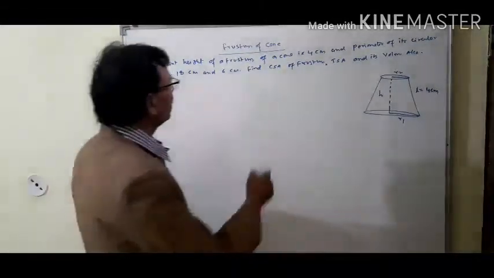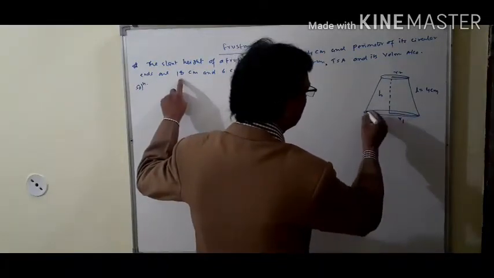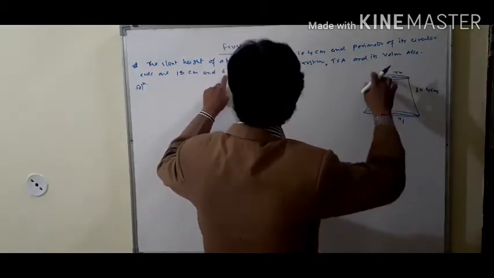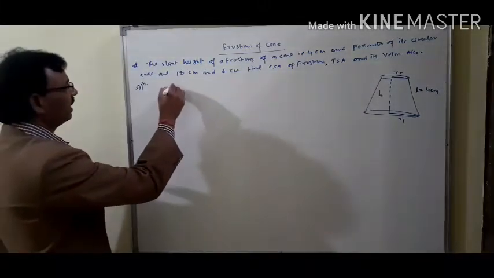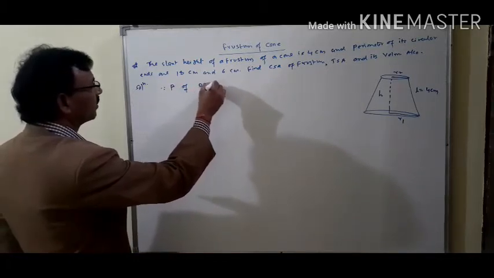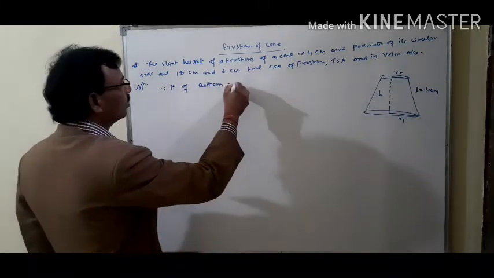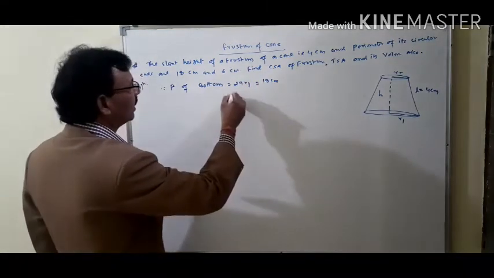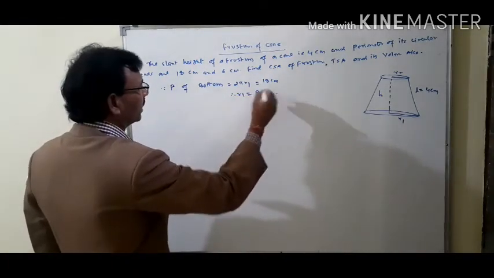Since perimeter of the first end, whose radius is R1, is given as 18 cm, and perimeter of the second end, whose radius is R2, is given as 6 cm. Perimeter of the bottom, which is circular, 2 pi R1 equals 18 cm. Therefore R1 equals 9 by pi centimeter.